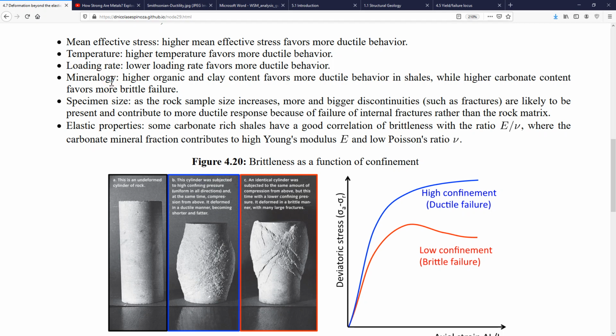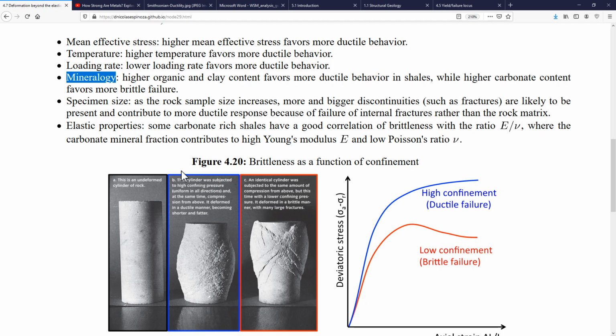Mineralogy is also important. For example, there are some sediments, like the non-cemented sand, which develops mostly ductile deformation or ductile failure beyond the yield stress, but also rocks can develop ductile deformation, particularly shales.